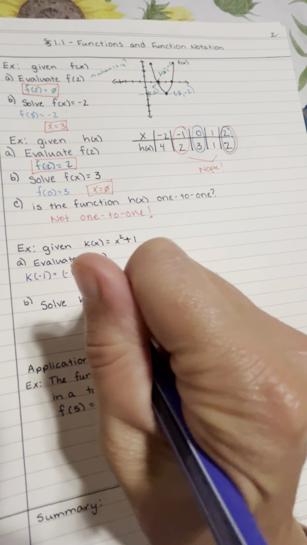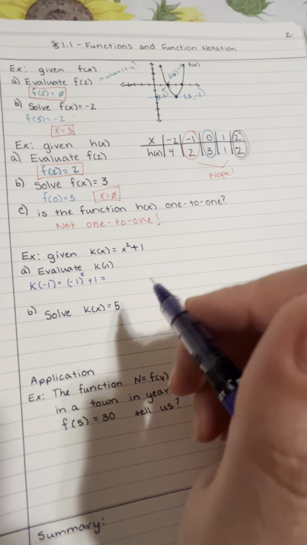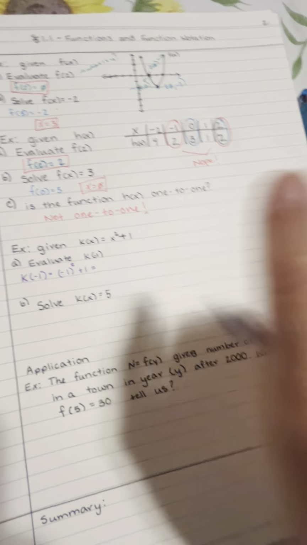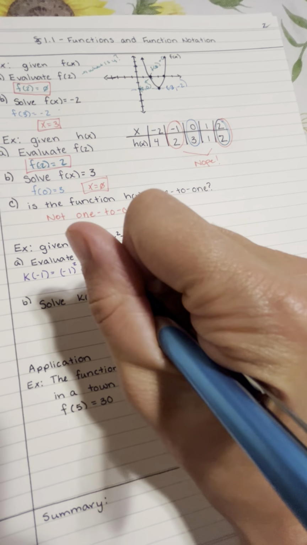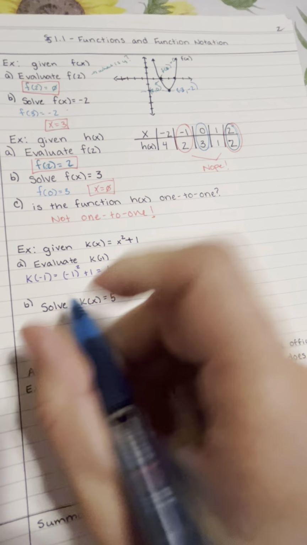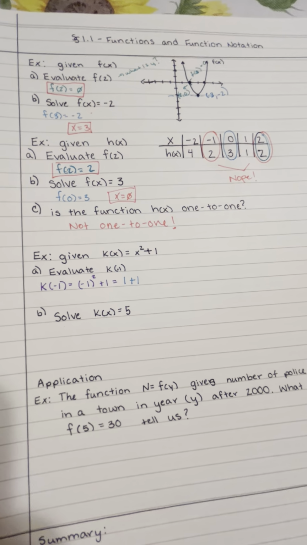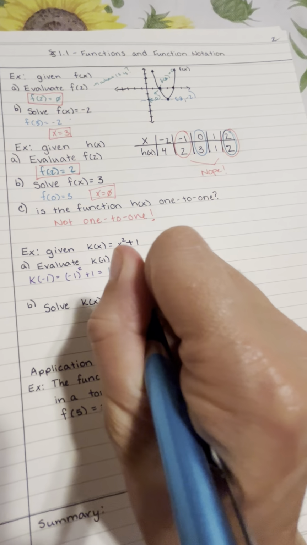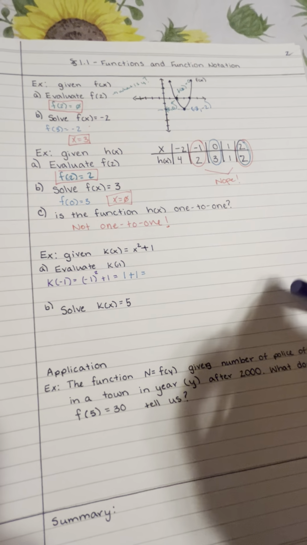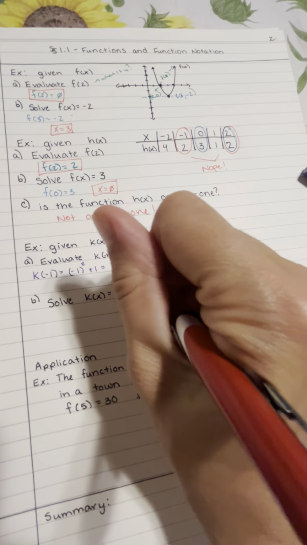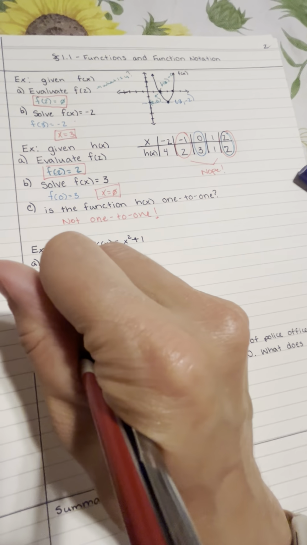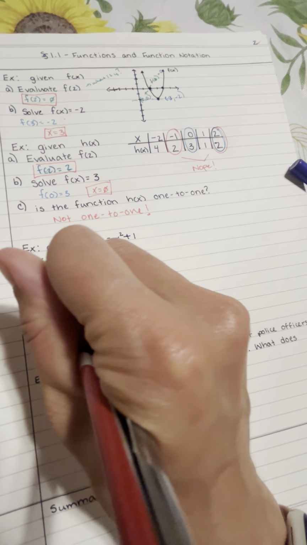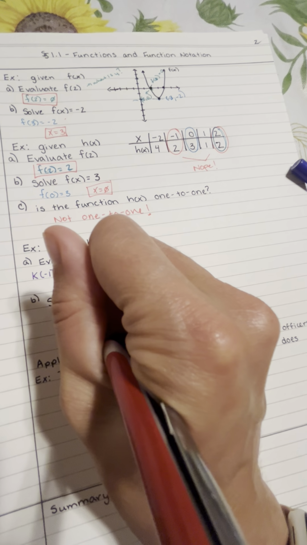That's the same thing as 1 plus 1. Why is it 1 plus 1? Because -1 times -1 is positive 1. And finally, 1 plus 1 is 2. So k of -1 is equal to 2.